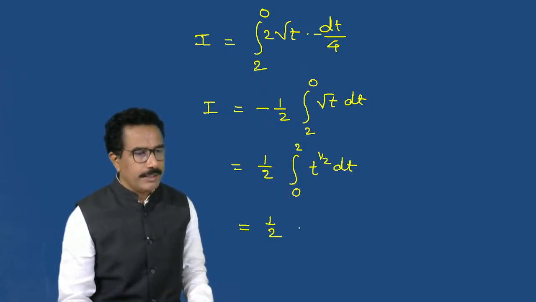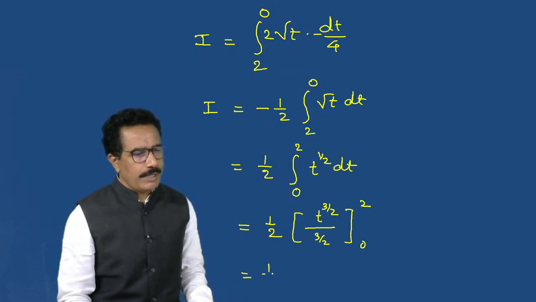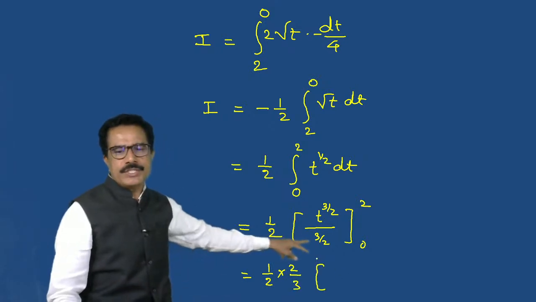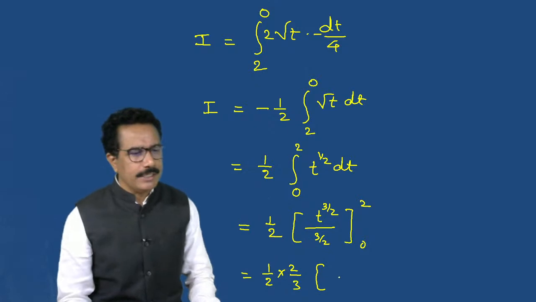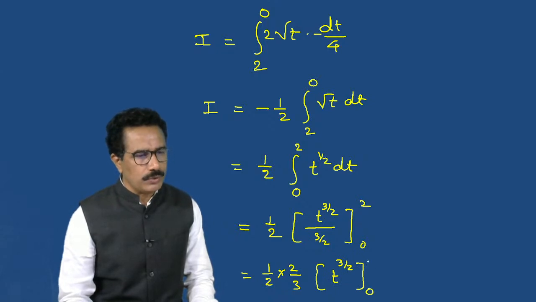It is t^(3/2) upon 3/2 over the limit 0 to 2. So 1/2 times 2/3, you can take this 2/3 out of the integral.